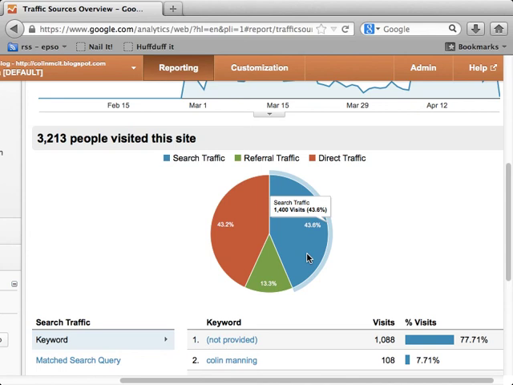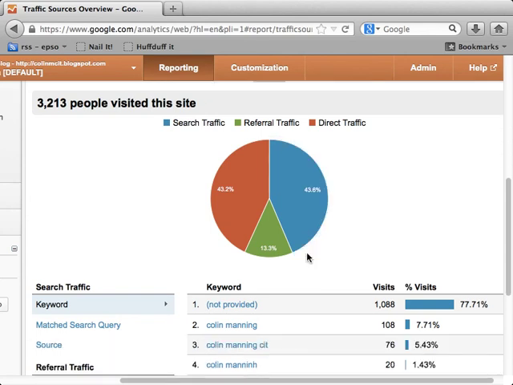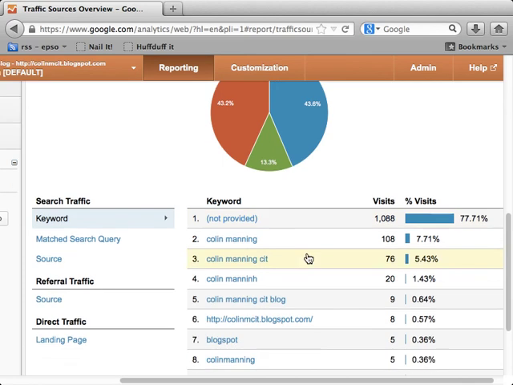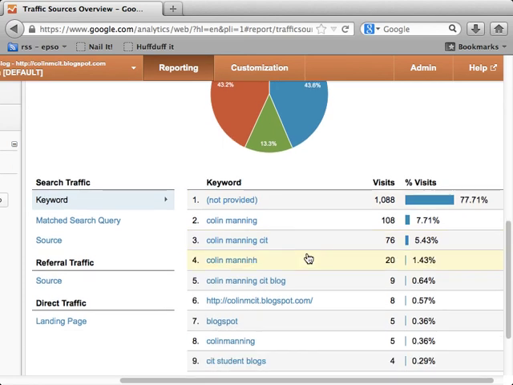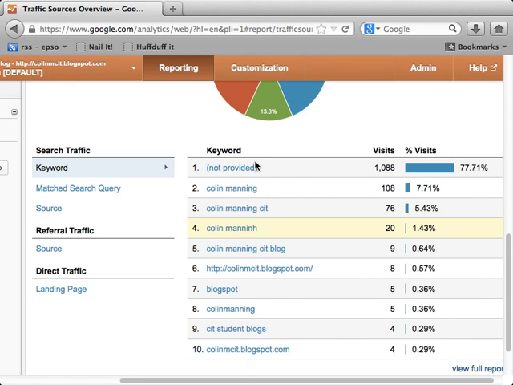So we saw already that people Google Colin Manning to find stuff. So these are the things that people are Googling to come to the website. You would think if you could remember that, you could just type it in. So in this period, 4 people Googled colinmcit.blogspot.com and then clicked on the result, which makes my point that I just made earlier.